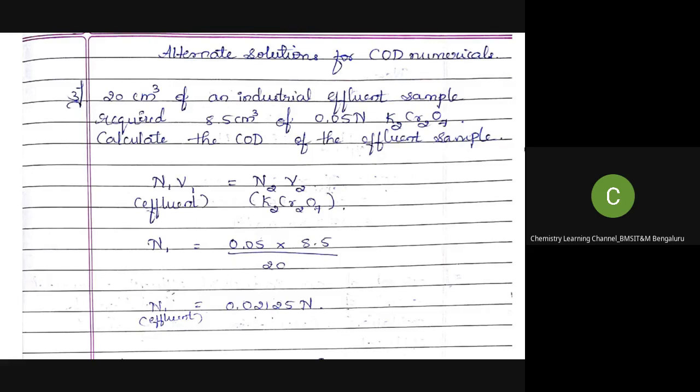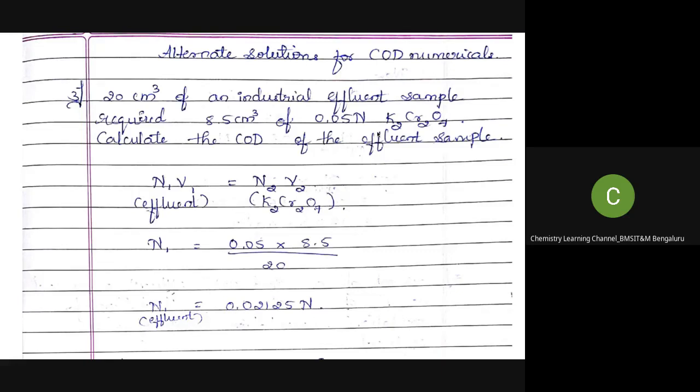Only this much data is given. So what they are saying is, volume of the sample taken was 20, and to oxidize the organic matter present in that effluent sewage water sample, 8.5 cm cube of potassium dichromate was used, and potassium dichromate concentration was 0.05 N. Only this much data is there.